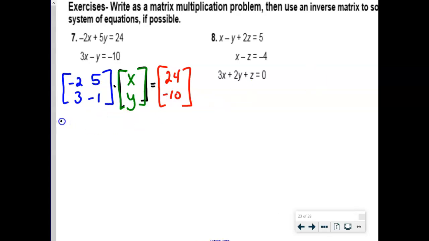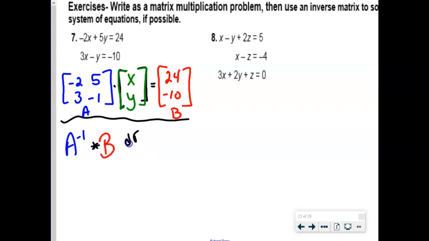Now, this is where maybe we separate. Choose what method you'd like to practice right now. If you are going to do A inverse B, that's fine. Go ahead and type them in. If you are going to do augmented matrix RREF, that's fine.